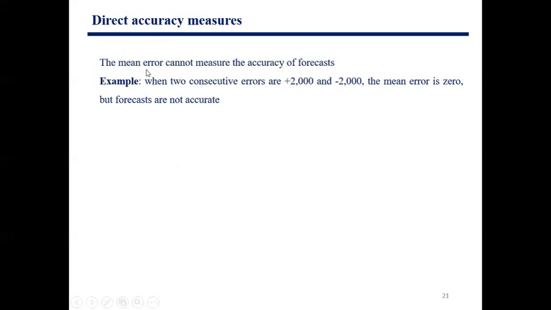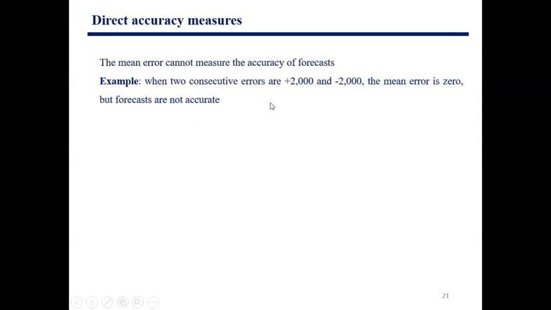First we have to see that the mean error, which measures the bias of forecasts, cannot measure the accuracy of forecasts. See this example. When 2 consecutive errors are, for example, +2,000 and -2,000, the mean error is 0, so there is no bias in the forecast, but the forecasts are not accurate.